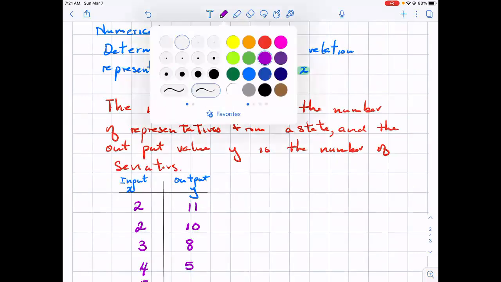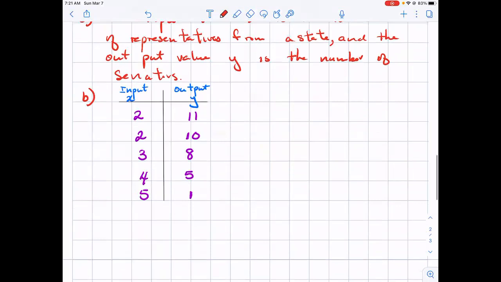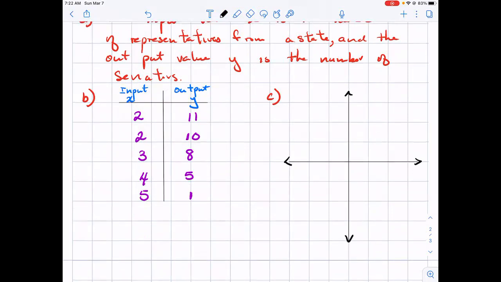So let's call this here part A, and let's call this part B. And then part C, if I give you a graph, here's 1, 2, 3.